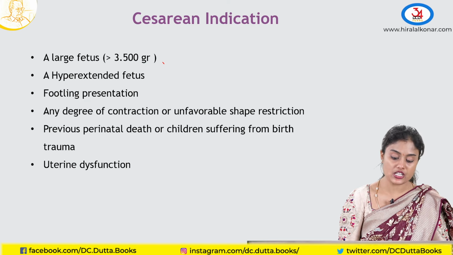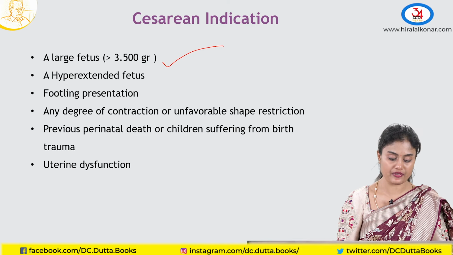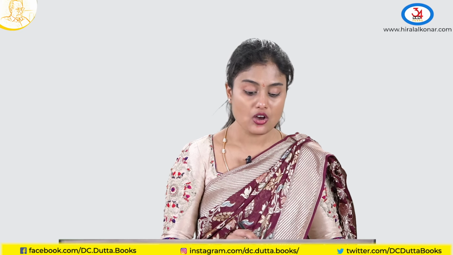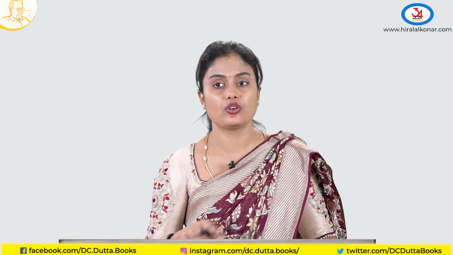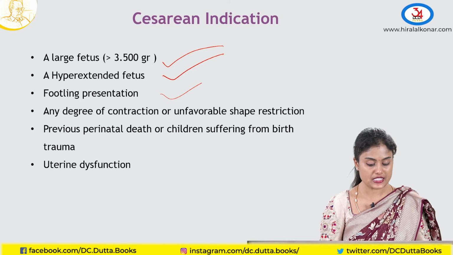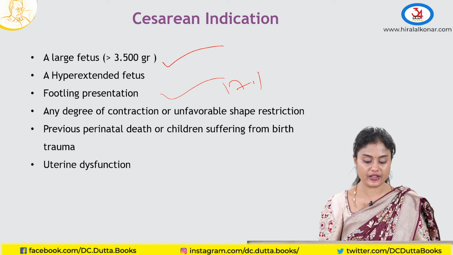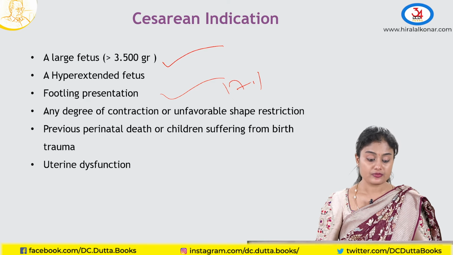It happens in a large fetus, when the fetus is more than 3.5 kg, a hyperextended fetus, or stargazing appearance, as we already told. Then footling presentation, where the chance of cord prolapse is almost 17%, and any degree of contraction or unfavorable shape and restriction.